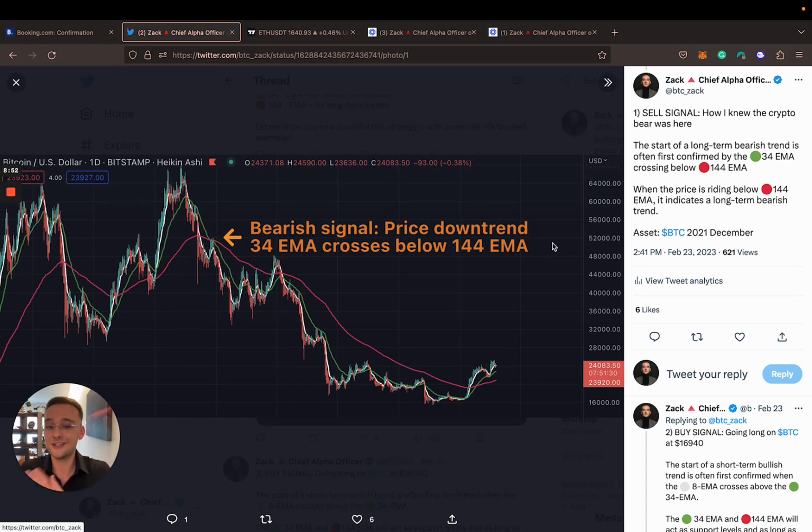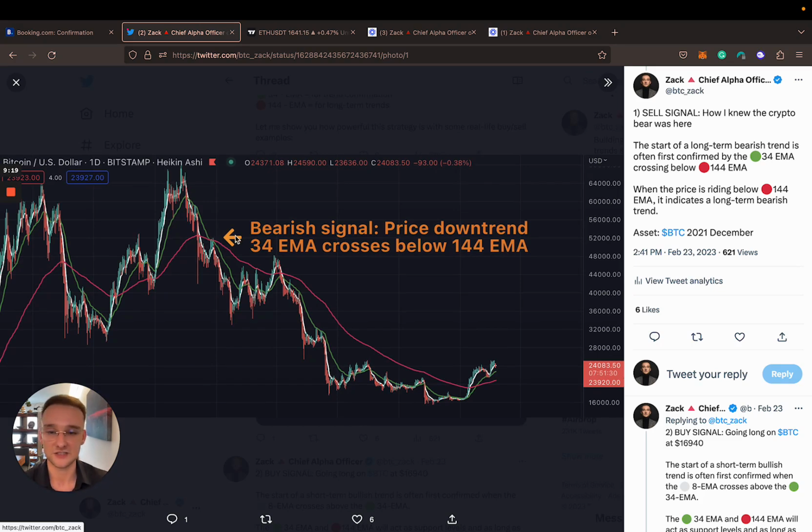Now, we can also look at how the 8 EMA reacted in this scenario, because the 8 EMA already reacted to the bearish price action at 60K. When Bitcoin was at 60K, the shorter time frame EMA was saying we are entering into a bearish trend on the shorter time frame. We came down here, we retested it at the 50K level, but essentially the 34 EMA went below the 144 EMA.